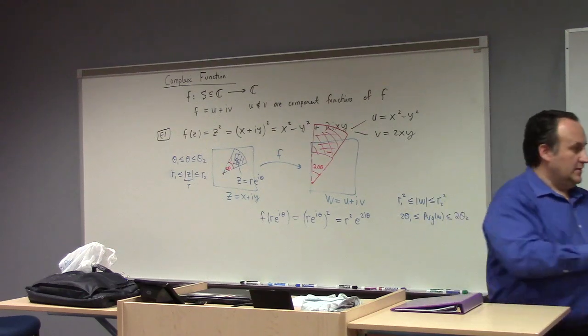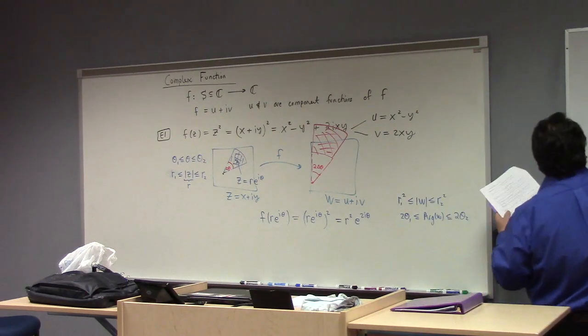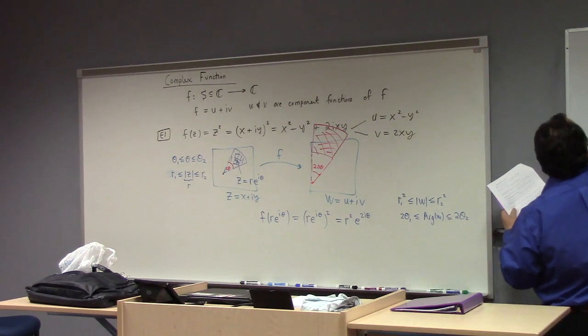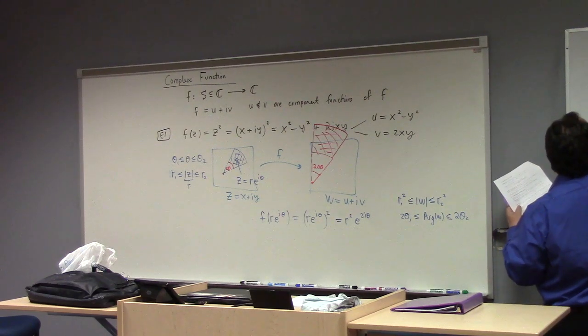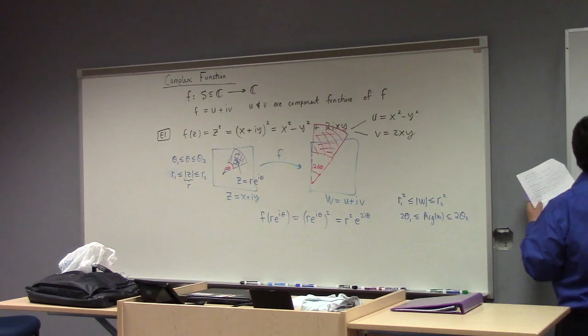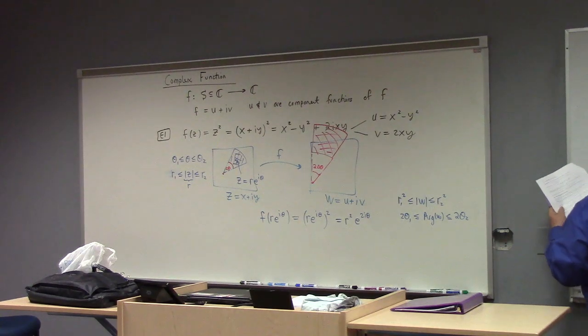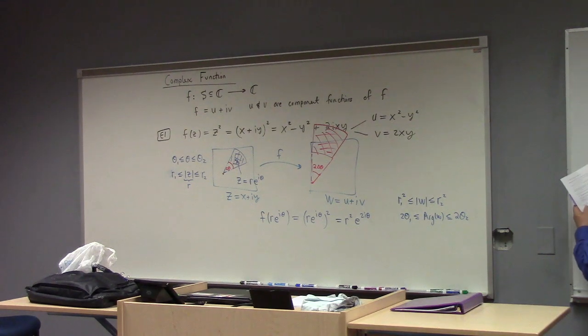All right. So definition. If z is equal to x plus iy, as usual, then e to the z is equal to e to the x times cosine of y plus i times the sine of y.